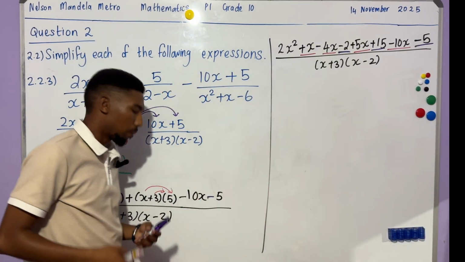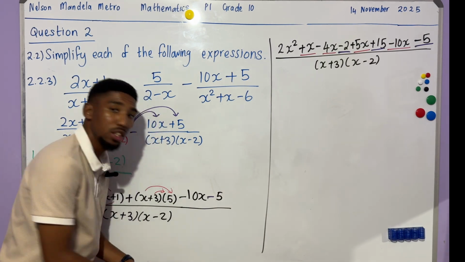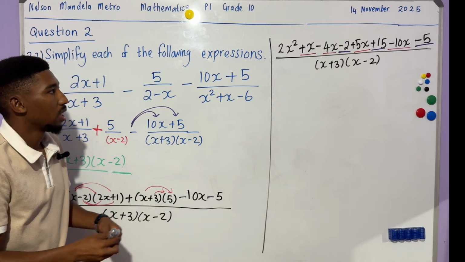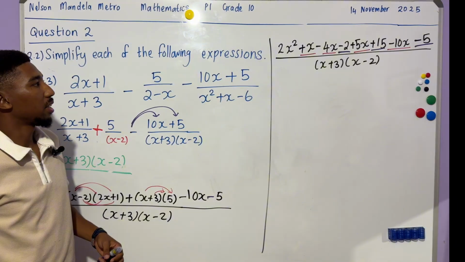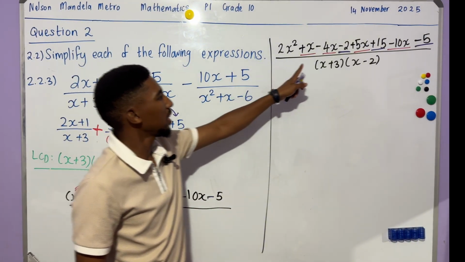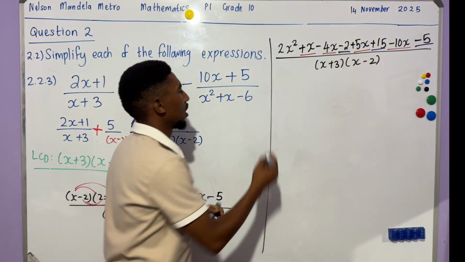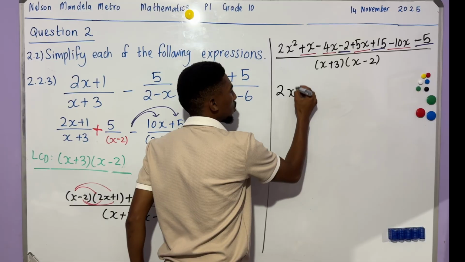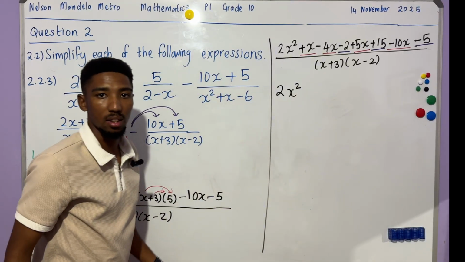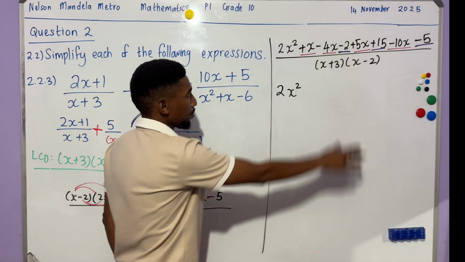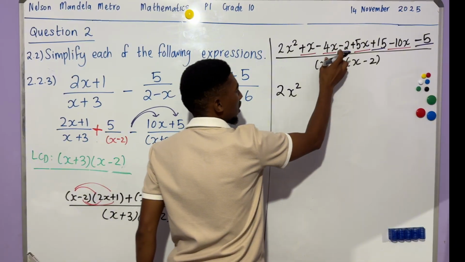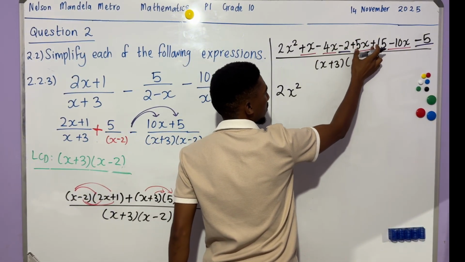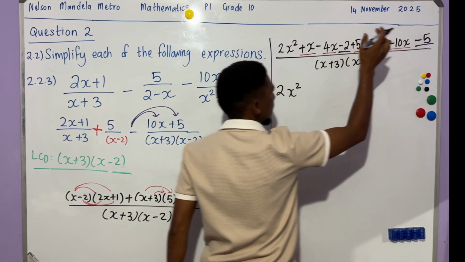Now on the top, we have a bunch of terms we need to simplify. And we're going to try to simplify them now. As you can see, I've indicated the like terms with colors. Unfortunately, 2x squared does not have any friends. No like terms with 2x squared. We have plus x minus 4x plus 5x minus 10x.